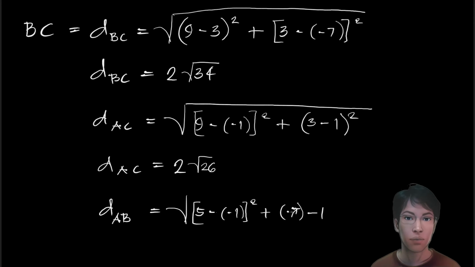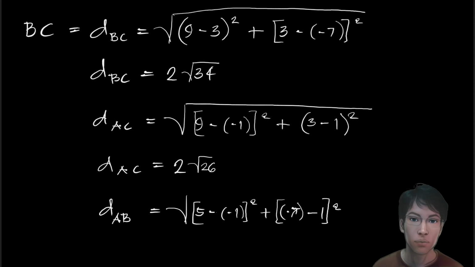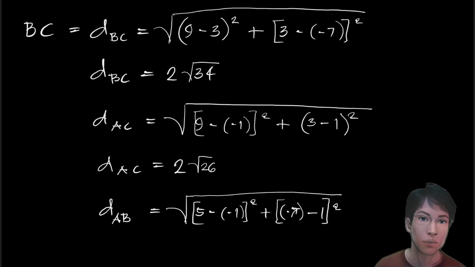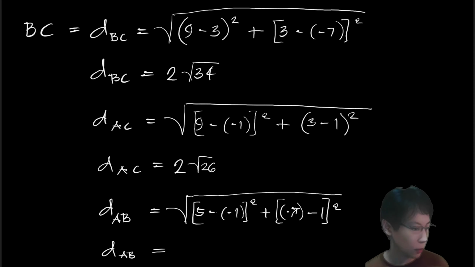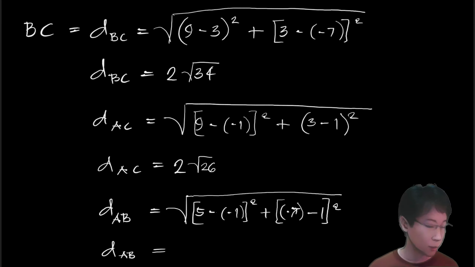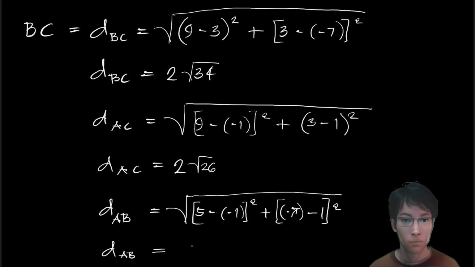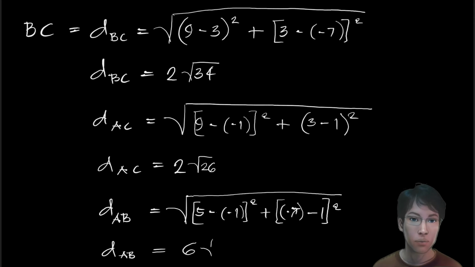So -7 square, and using your calculator, this gives you 6 square root of 2.